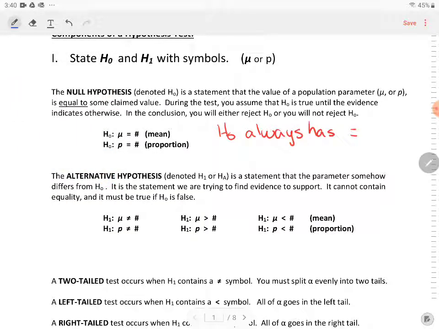So the alternative hypothesis, which is H1, has the inequalities not equal to, greater than, or less than. So let's review. This means not equal to. This is going to be a two-tailed test. This symbol is greater than.